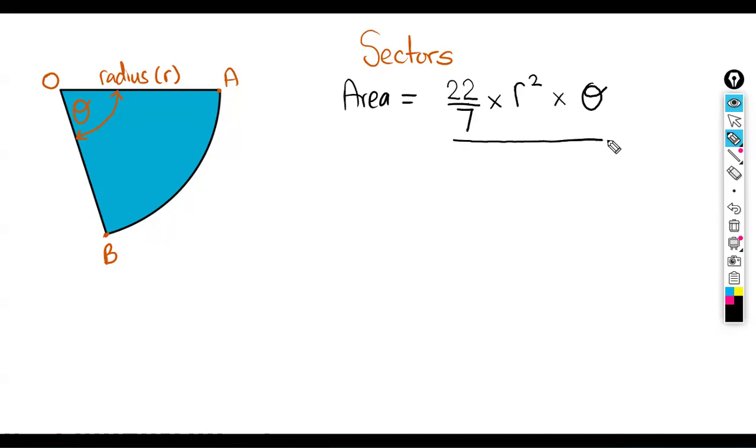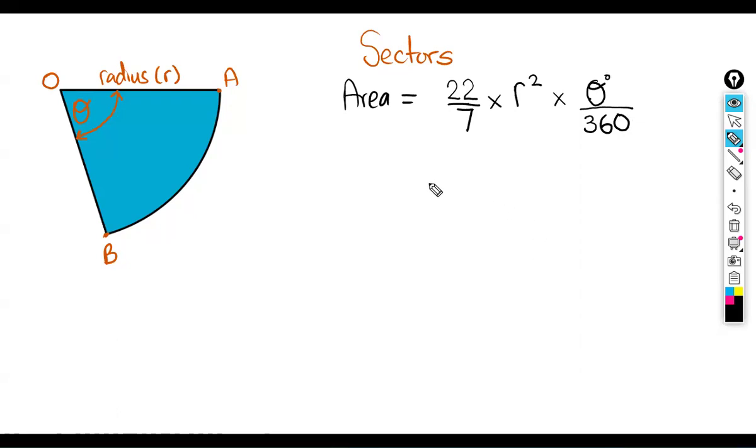Let me write this formula a little bit different, because this will confuse you. You have to multiply by the angle, and you always divide the angle by 360 degrees. That's the formula for it, right?